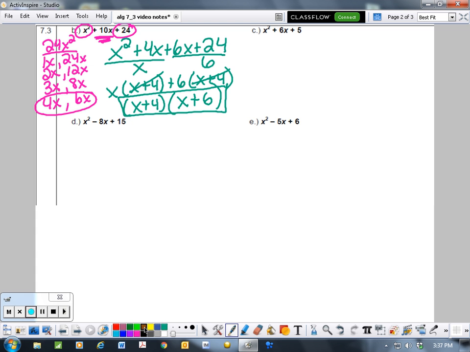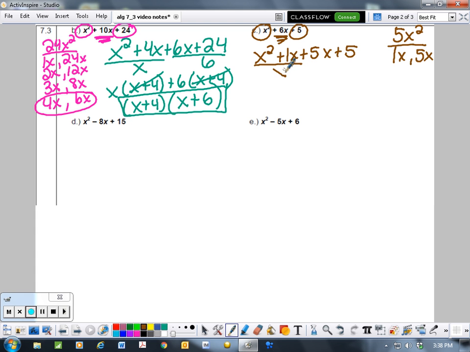Okay, so our next problem, again, we multiply first and last. 5x squared. So I'm going to make a list of all things that multiply to be 5. 1x and 5x. Okay, do those add to be 6x? Yes, they do. So this becomes x squared plus 1x plus 5x plus 5.